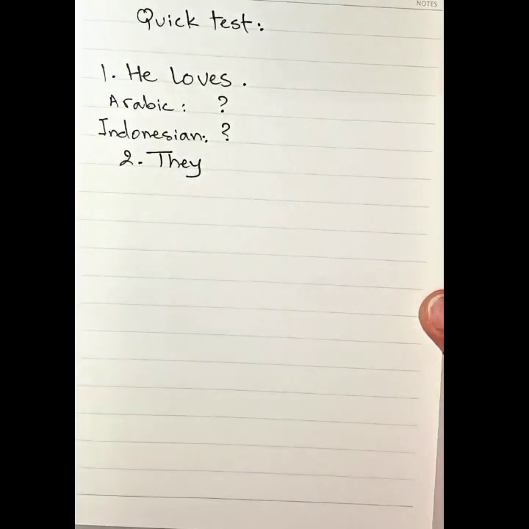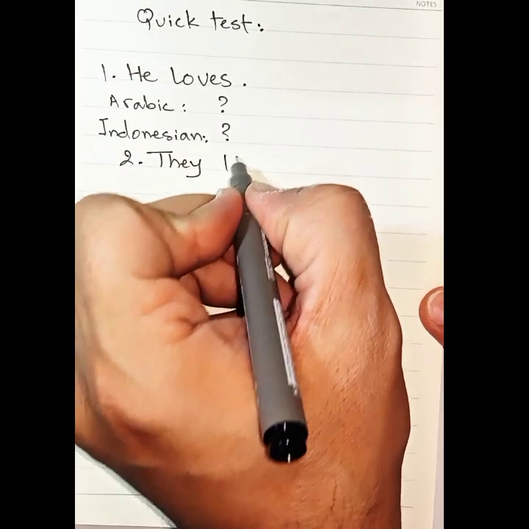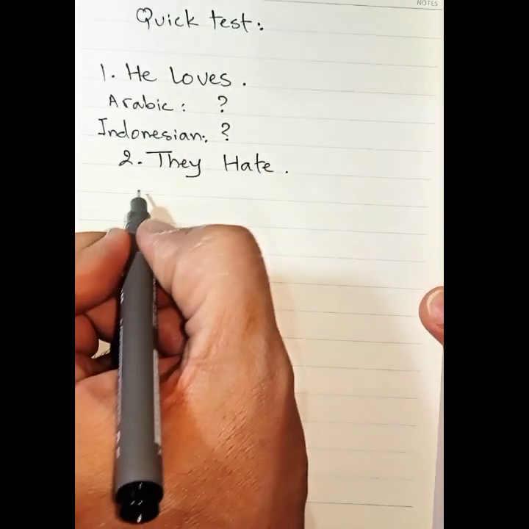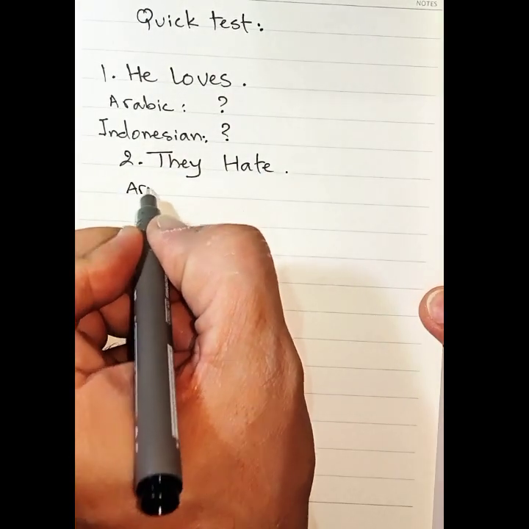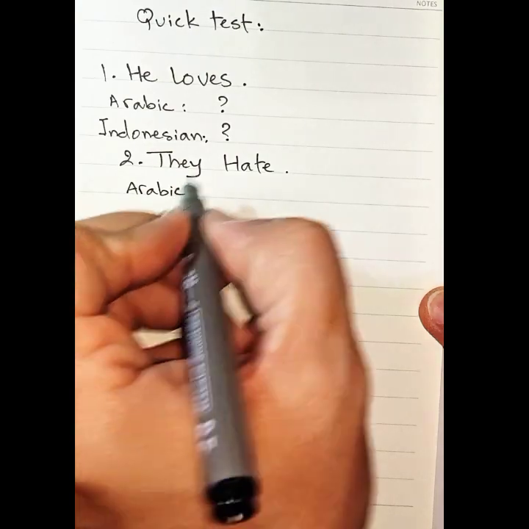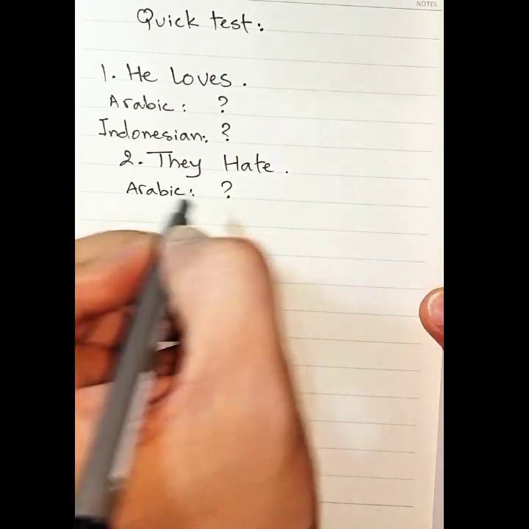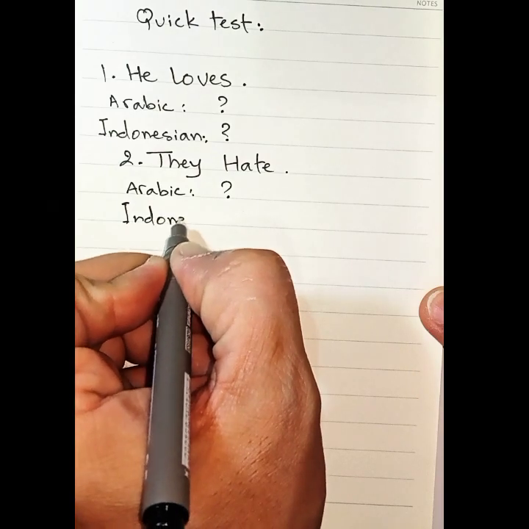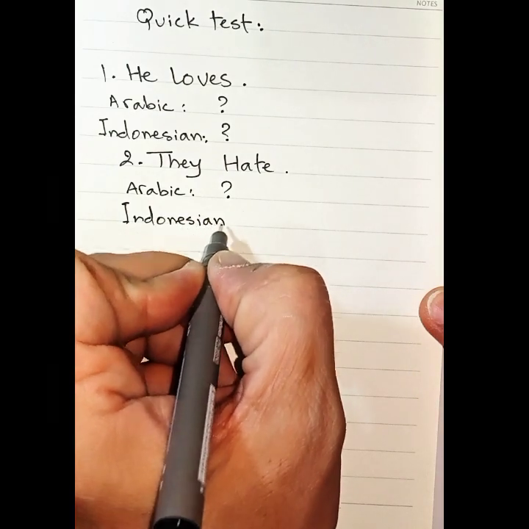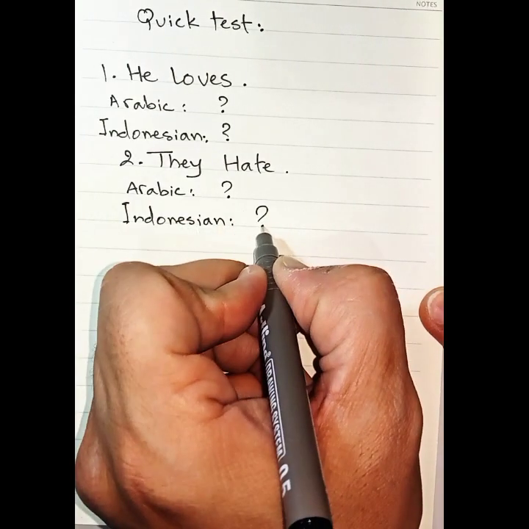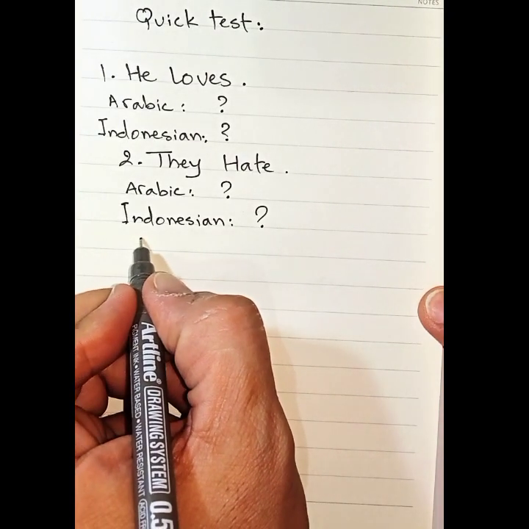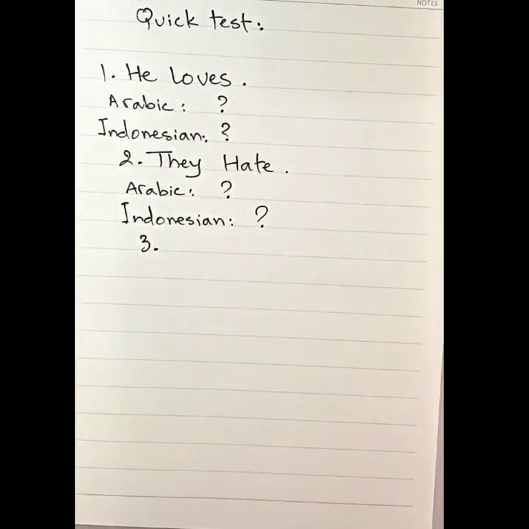Sentence number 2, we change the subject pronoun, plural, they. They hate. So how to say they hate in Arabic, and how to say they hate in Bahasa Indonesia or Indonesian language. All right. Third sentence.